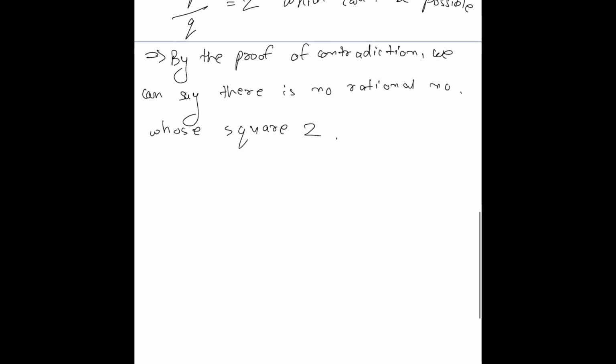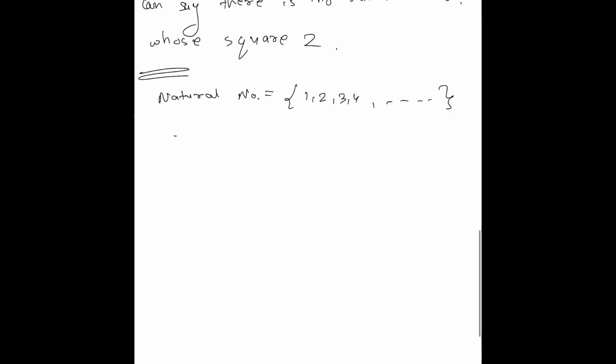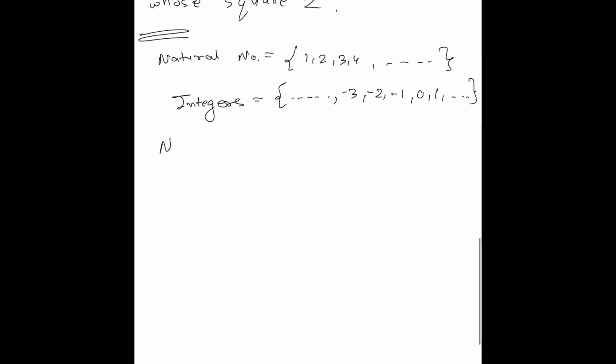Now we will go with the natural numbers. What are natural numbers? Starting from 1, 2, 3, 4 up to infinity, those are natural numbers. We have a different set of numbers too, known as integers, starting from minus infinity to plus infinity. So can we say that natural numbers are a subset of integers? Yes, we can say that.